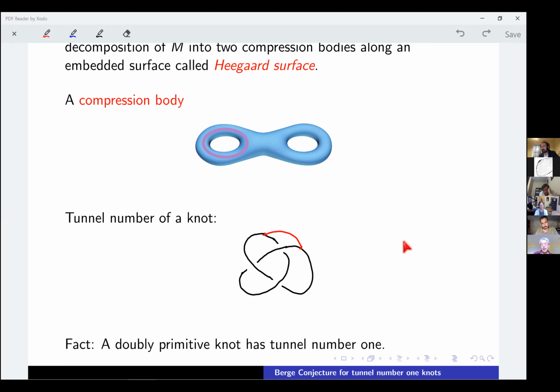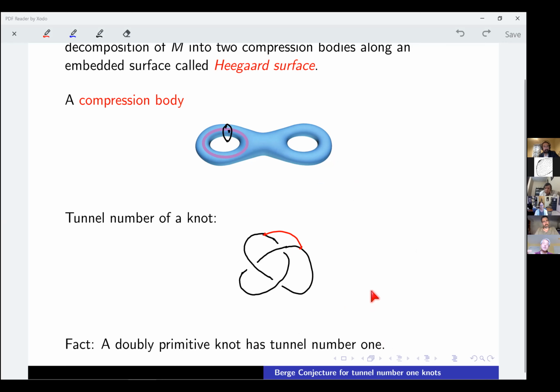So a tunnel number 1 knot has exterior with Heegaard genus 2. All the doubly primitive knots have this property, and the reason is that it's doubly primitive. That means this curve intersects a compressing disk in just one point.